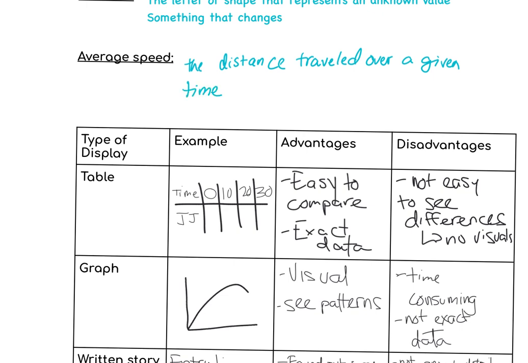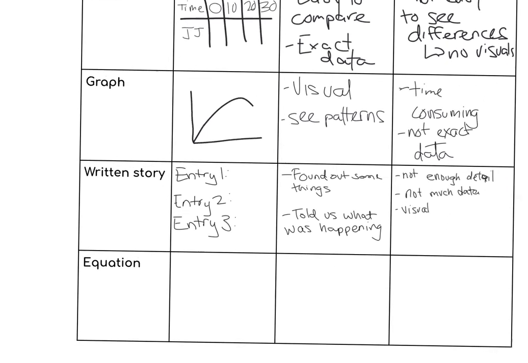Okay. So that would be like miles per hour. Okay. That's an H. Hours. Okay. So, and then we're going to go down to the equation part.